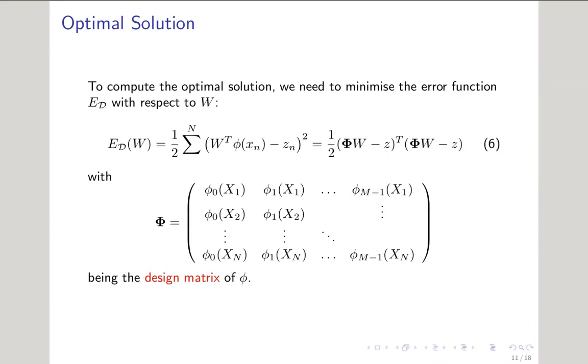In this version of the error function, if we rewrite the sum over vectors of phi as the design matrix, we get this form here, which is just a fancy name for saying that we're creating a matrix out of the individual vectors of phi that pertain to each input vector. So in other words, this is just a matrix of vectors that represent the input vectors x in the new space created by the basis function phi.